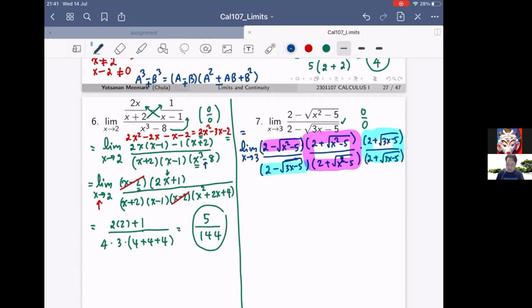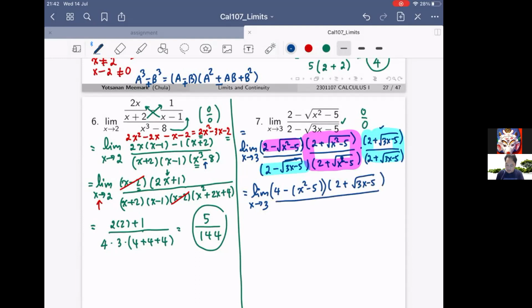So now just multiply the ones that we can do. We are going to multiply this one with that. So you have a square, which is 4, and the square root square. And this one we still have left over 2 plus 3x minus 5 over.